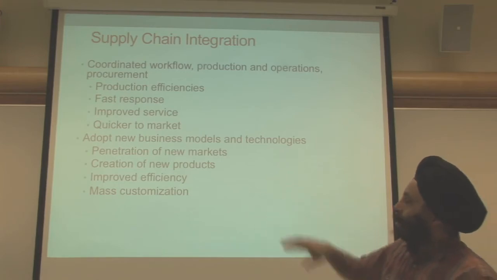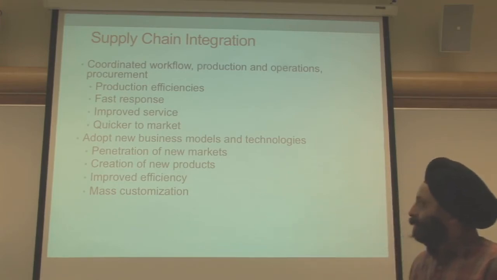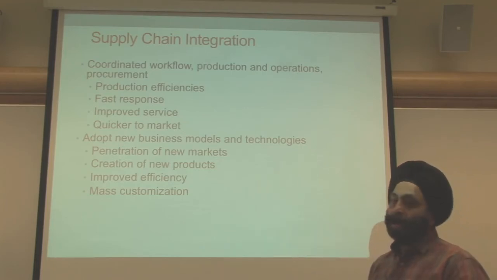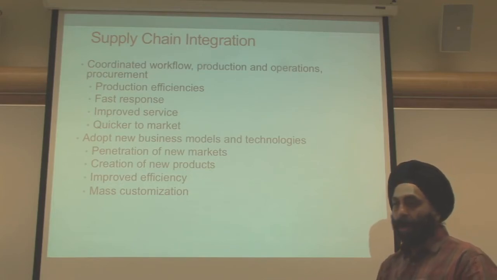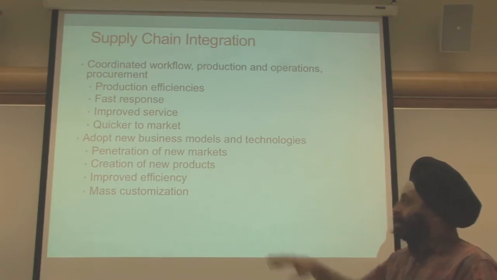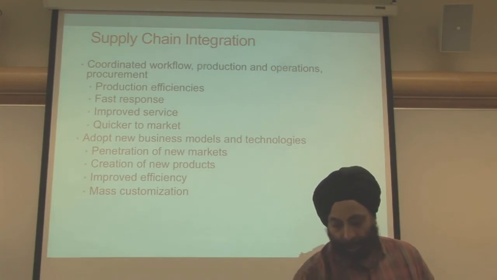Also, it adopts new business models and technologies. By having an integrated supply chain, you have penetration of new markets much more quickly and successfully, creation of new products when feedback from customers is received, improved efficiencies, and even mass customization.